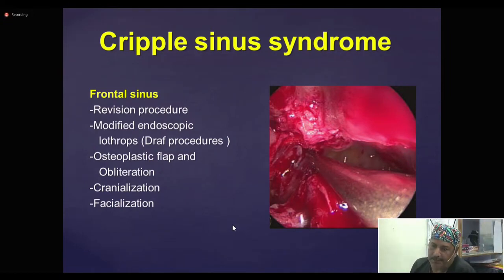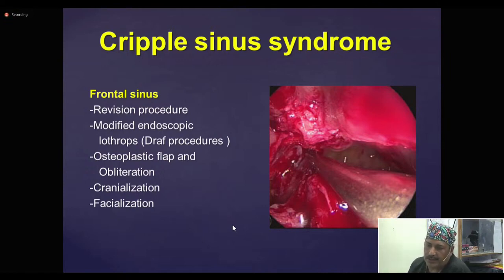If you have disease where the posterior table is deficient because of the disease, you can remove the entire posterior table, demucosalize the sinus completely, obliterate the frontal drainage pathway below, and allow the dura and the cranial cavity to expand until the anterior wall. So the frontal sinus will be eliminated completely.